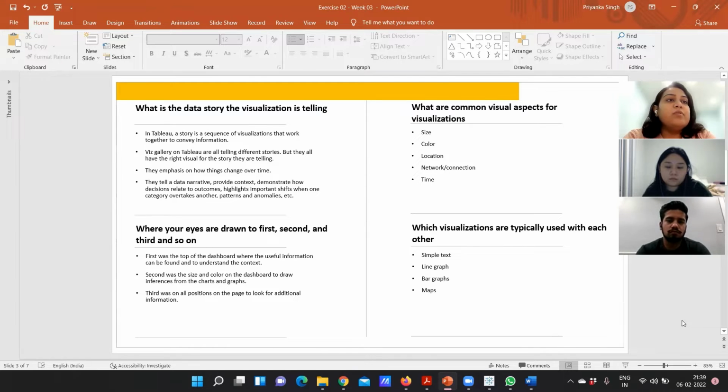Then which visualizations are typically used with each other? We feel like simple text, line graph, bar graph, and maps are the most commonly used visualizations in Tableau.